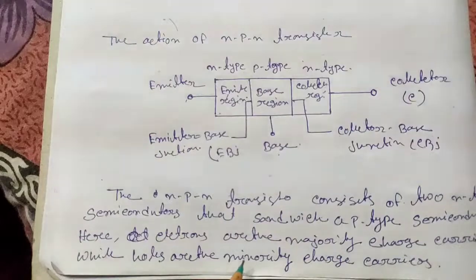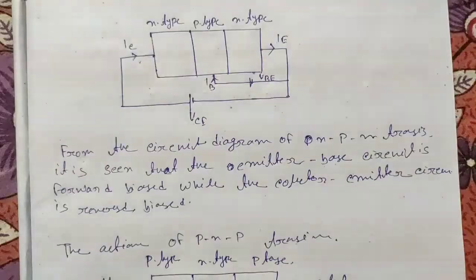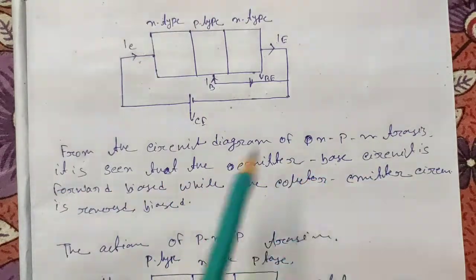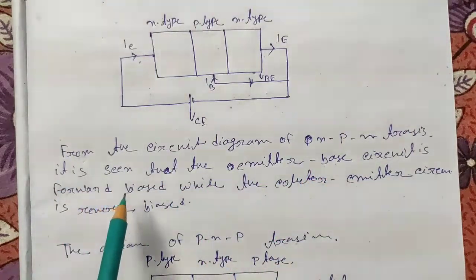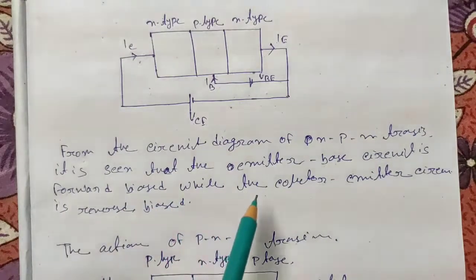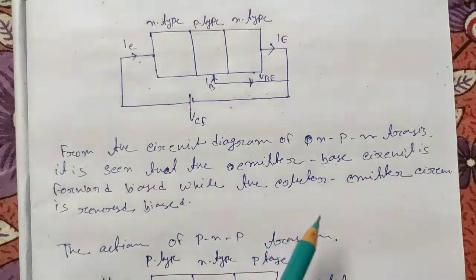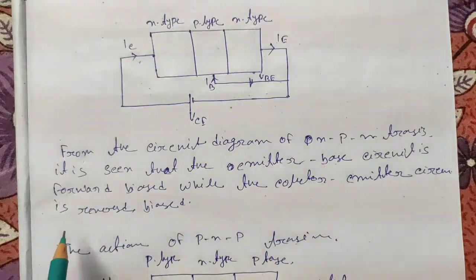Here electrons are the majority charge carriers, holes are minority charge carriers. In the circuit diagram of an NPN transistor, it is seen that the emitter base circuit is forward biased and the collector emitter circuit is reverse biased.